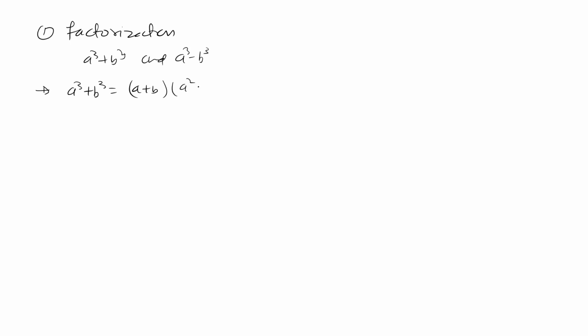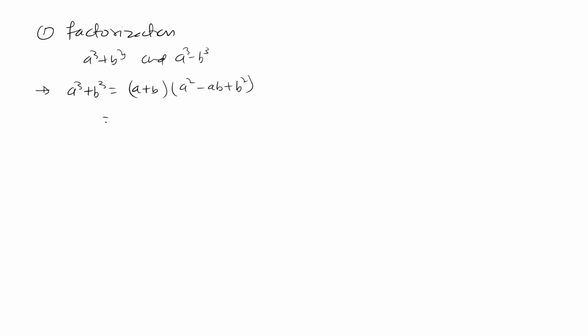Now students, let us see one important factorization in terms of cube root of unity. We have to factorize a cube plus b cube and a cube minus b cube, right? So simply apply the formula. a cube plus b cube is equal to a plus b into a square minus ab plus b square, right?